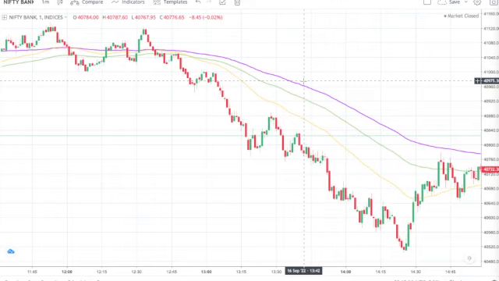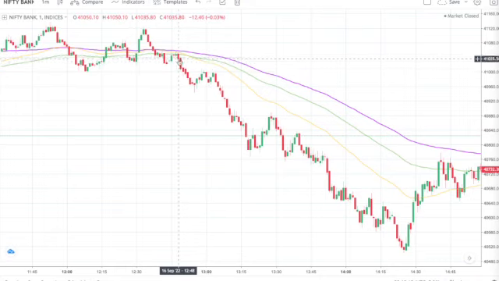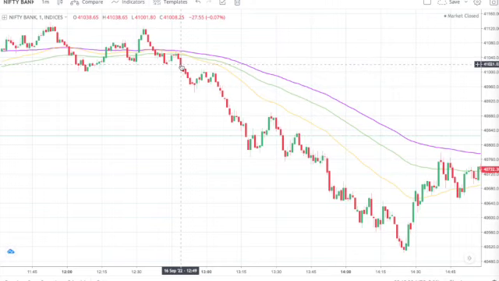For the short trade, we will be entering when all three moving averages are above the price. Once it breaks this particular moving average, let's assume after this breakage, in this candle we will enter.